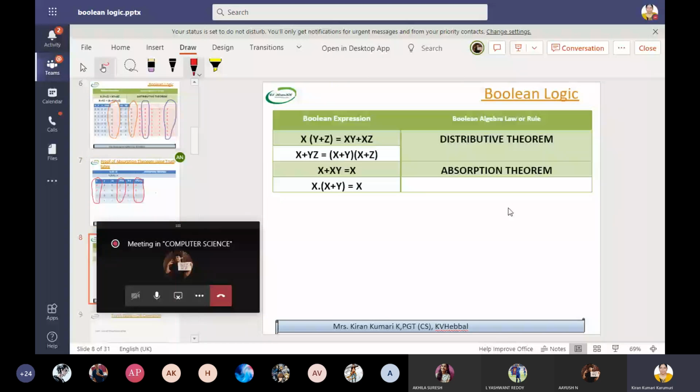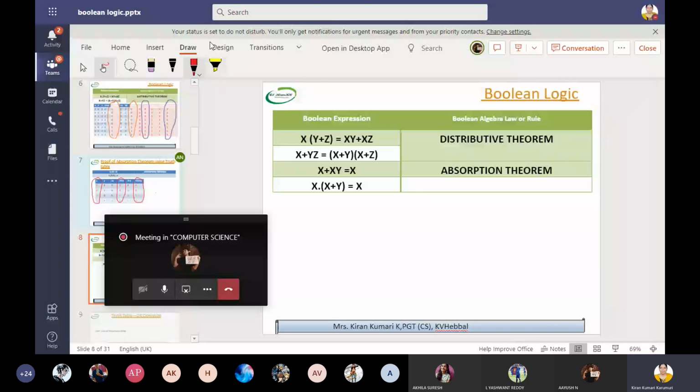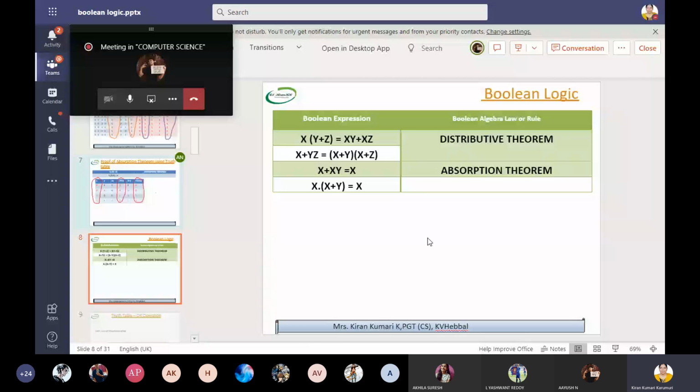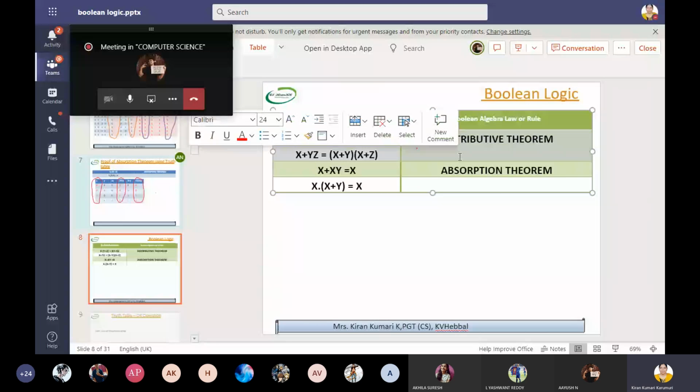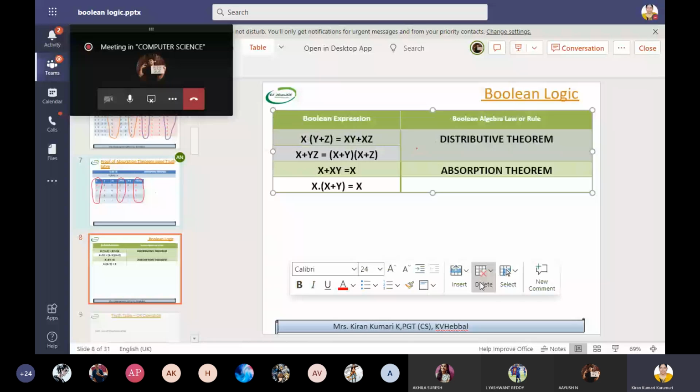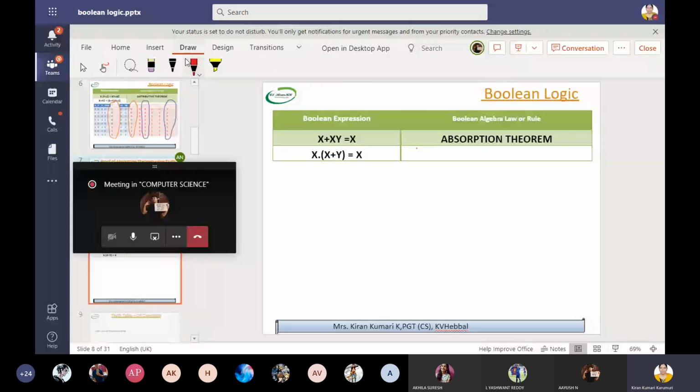Done. Now let us draw one circuit diagram also, then we will wind up and go to NAND gate. Let us draw a circuit for the absorption theorem. Logic circuit for X plus XY: how to draw, children?